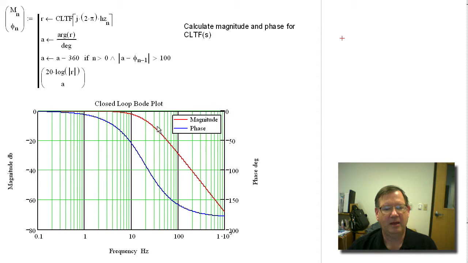And the magnitude drops at the usual 40 dB per decade. Usually it's 20 dB per decade per pole when they're real. So this is exactly what we'd expect. Now the difference between this and the PID is that the PID would extend the gain out just a little bit farther.